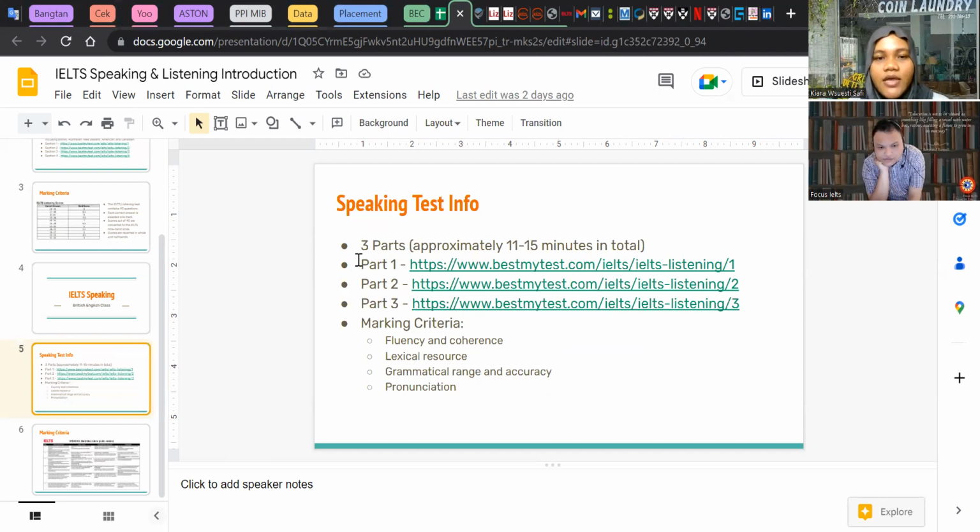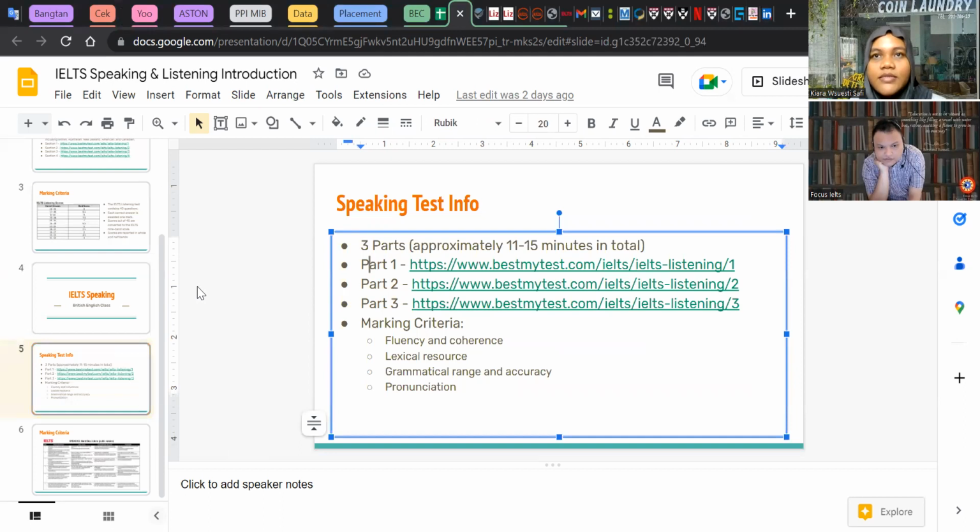I'm attaching examples for each part, part 1, 2, and 3, which I took from bestmytest.com, and we can learn from these samples during this simulation. Not all of it, but we can start by having one or two parts of it.